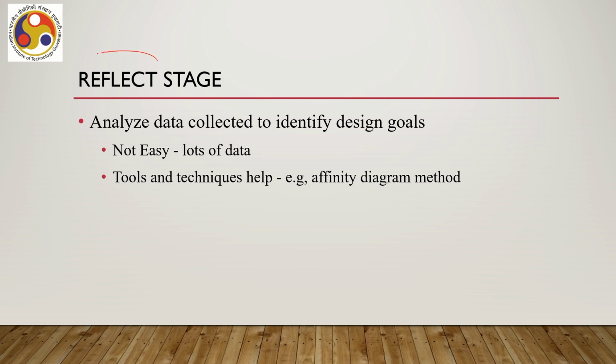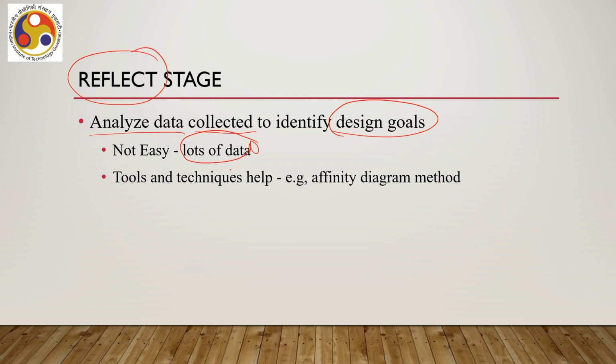Finally, comes the reflect stage. In this stage, the observer or the experimental team analyze the data which has been collected during the execute stage and identify the design goals. Now, this is not a very easy thing to do, because there can be lots of data.